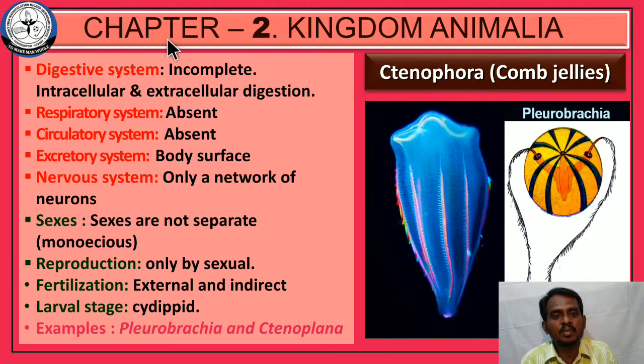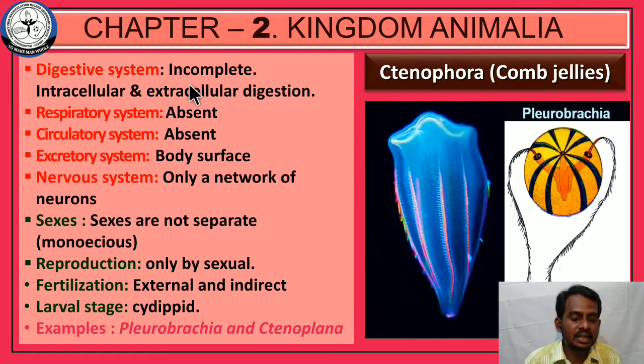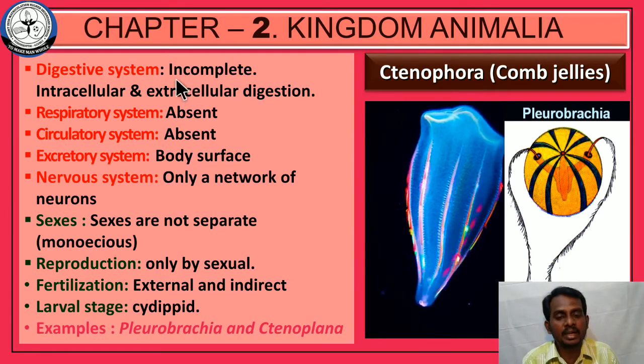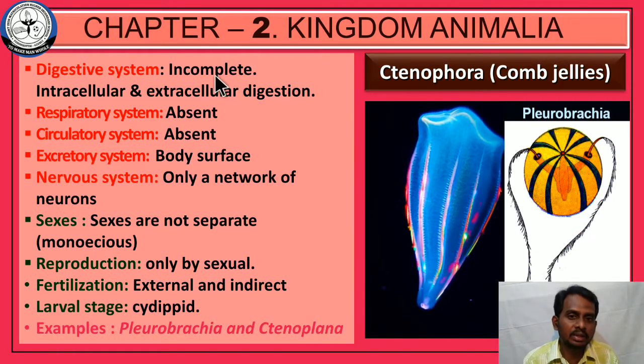The digestive system is an incomplete digestive system, that means it contains a single opening, like Hydra. Only one opening is there. Incomplete digestive system, a single opening acting as both mouth and anus.